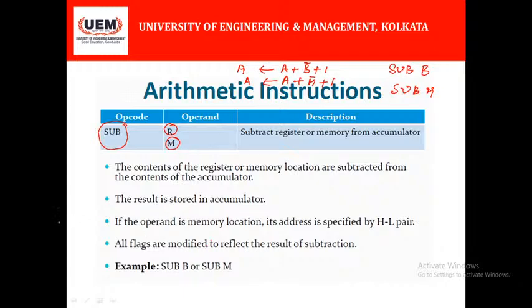The contents of the register or the contents of the memory location are subtracted from the content of the accumulator. In the first example the content of the B register is subtracted from A, and in the second example the content of memory location M is subtracted from the accumulator, and the difference is stored in the accumulator.